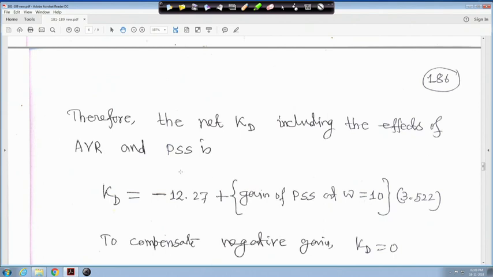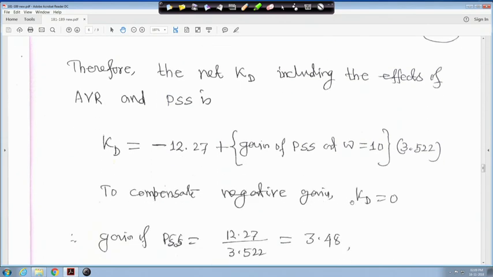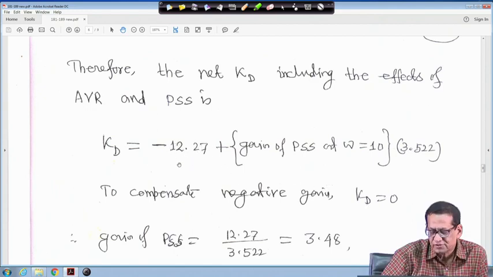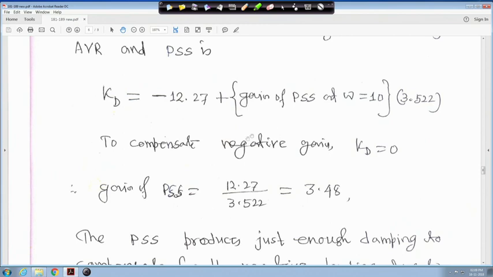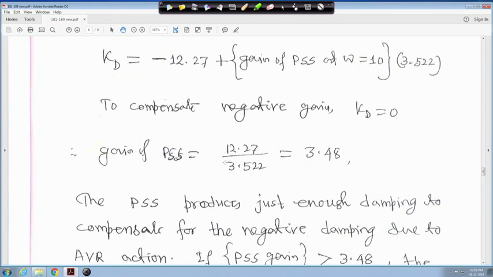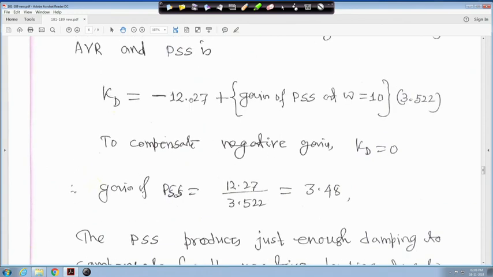To compensate the negative gain, we can set Kd is equal to 0. If we do so, then the gain of PSS at 10 radian per second is equal to 12.27 divided by 3.522. In that case, you will get 3.48. This is the minimum gain of PSS required, such that this negative damping will be completely neutralized.